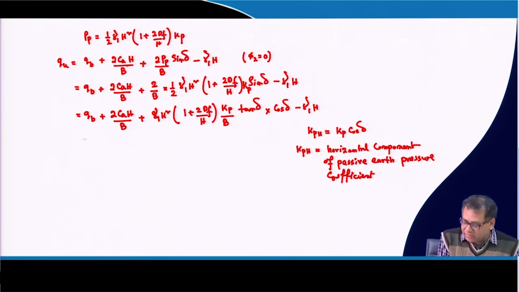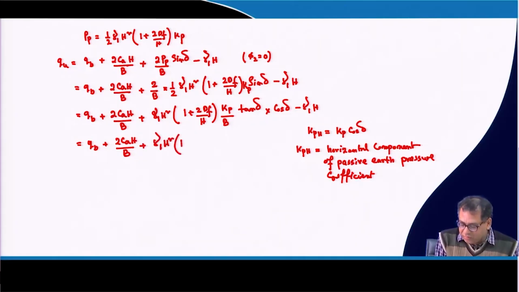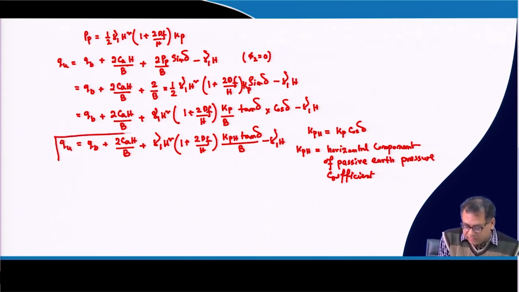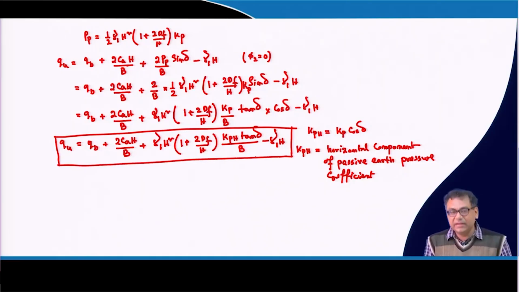So, this way I can finally write that Qb plus 2 CaH divided by B plus gamma 1 H square, 1 plus 2 Df by H, then Kph tan delta divided by B minus gamma 1 H. So, this is the final expression for the two layer case.